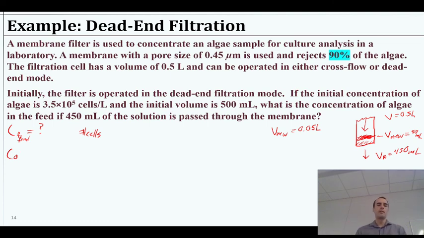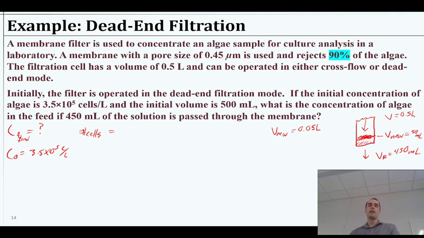We were given some C initial that was 3.5 times 10 to the fifth cells per liter. So for the number of cells we have in our half a liter to start with, we can just track the number of cells. Some of them escaped through the membrane, but most of them are still in there, and we've reduced the amount of water. So we're just going to basically change the denominator.